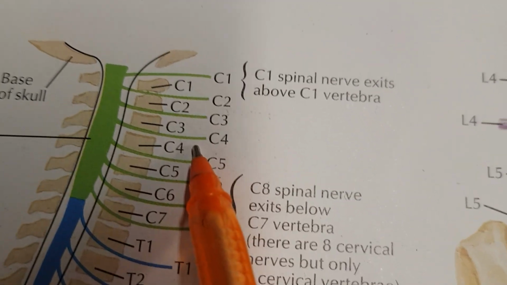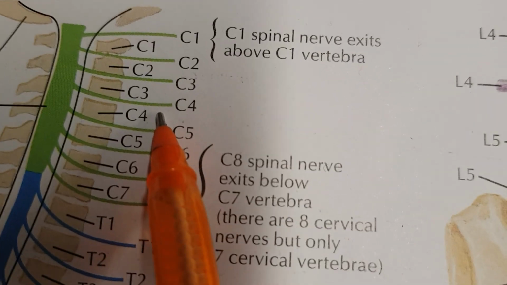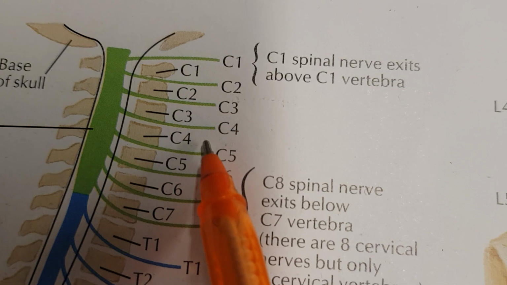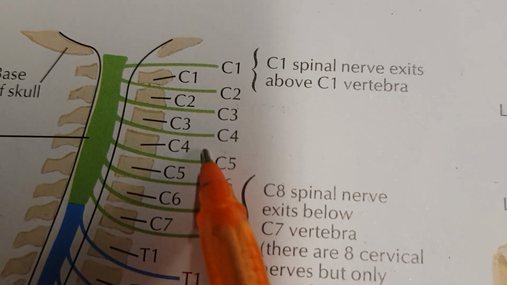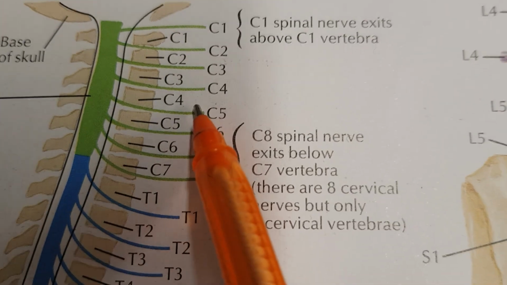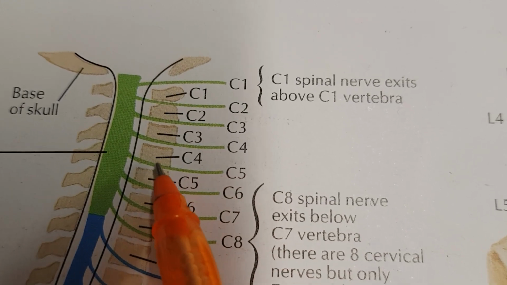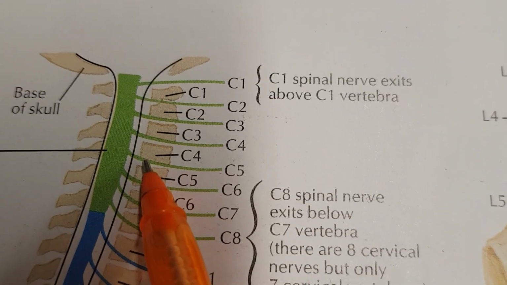Okay, C4, you test shoulder girdle elevation. You resist shoulder girdle elevation. If there is weakness there, you will question the C4 nerve root.